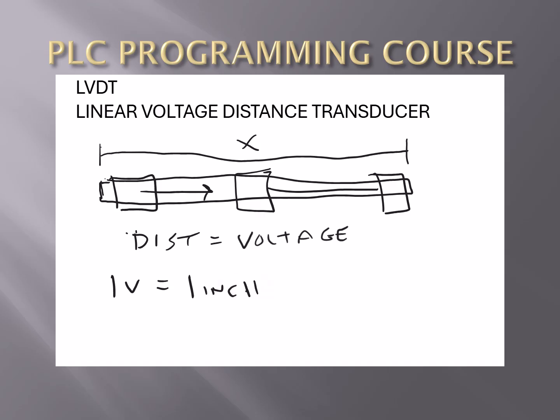And obviously 10 volts would equal 10 inches. As your motion moves up and down, it would add to or take away from the analog output signal according to the position of the read head. In your PLC, you can monitor this and make logical decisions based on where your location is. So you would basically have a distance voltage relationship.